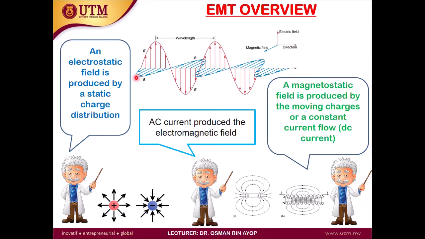This is just a simple illustration, but in real applications, the field will be more complex. So we just sketch the field as an electric field oscillating in one direction, and then we have the magnetic field oscillating along another axis, one on the x-axis, the other on the y-axis, and vice versa.